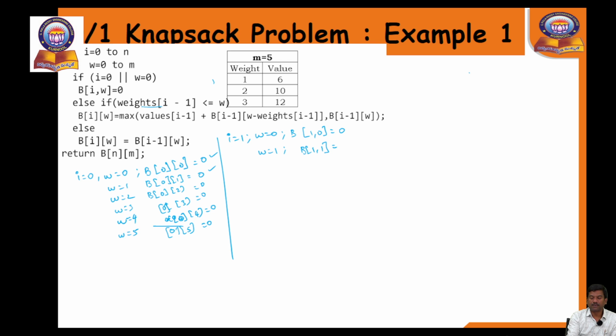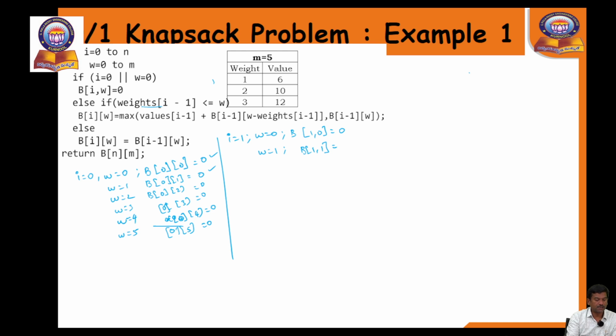By including that item, if it exceeds the capacity, then you have to choose the formula b of i w equal to b of i minus 1 w. Else, that is if it does not exceed, if it is a true condition, then b of i w is given as max of values of i minus 1 plus b of i minus 1 w minus weights of i minus 1 comma b of i minus 1 comma w.